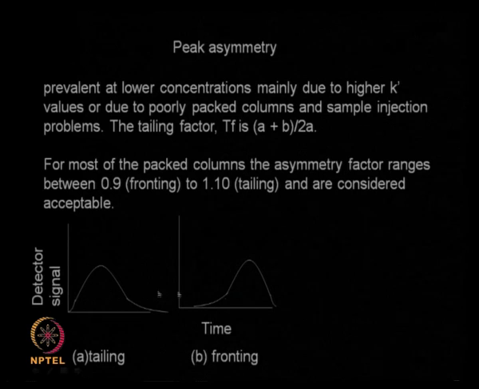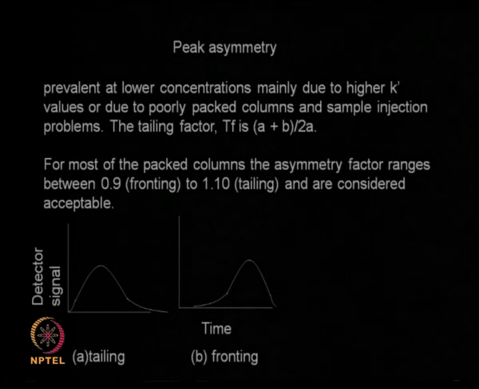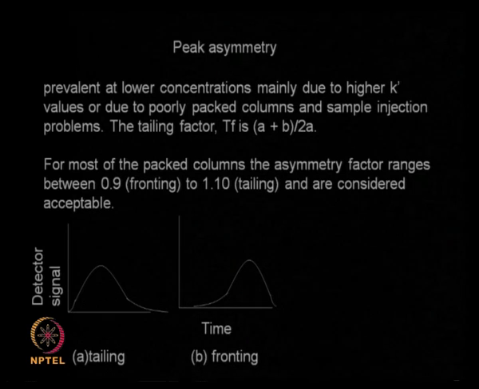All these are possible, and all these are because of maybe the polarity of the solvent or maybe because of the stationary phase material. Sometimes you may have a very poorly packed column, or there could be some sample injection problems, or the capacity factors may be very different.